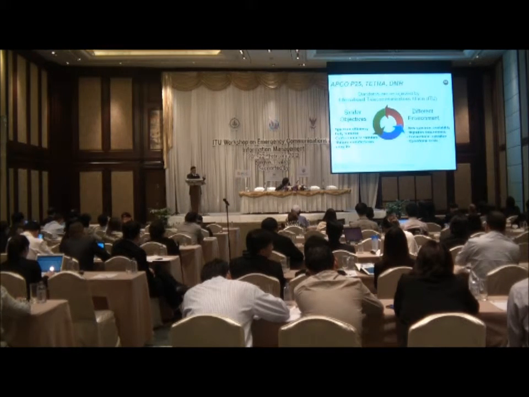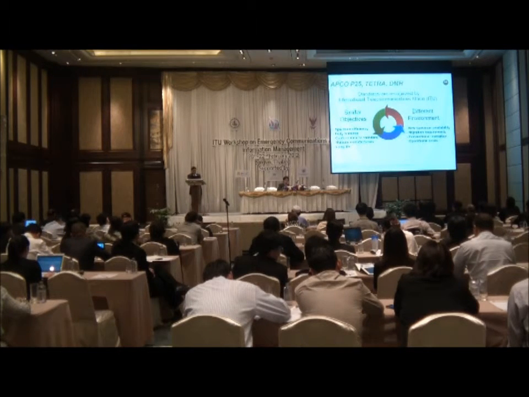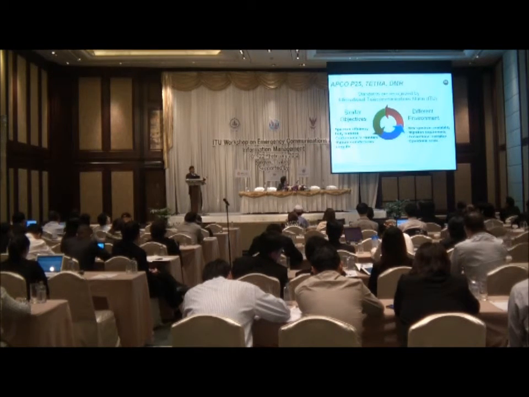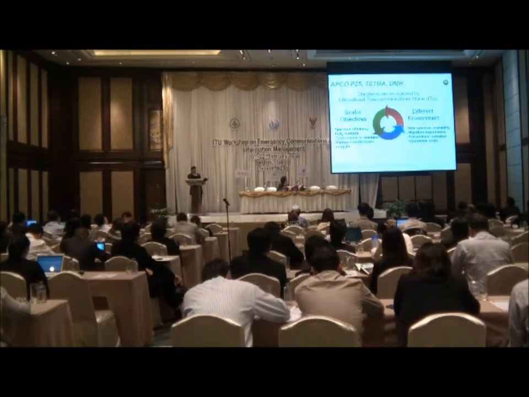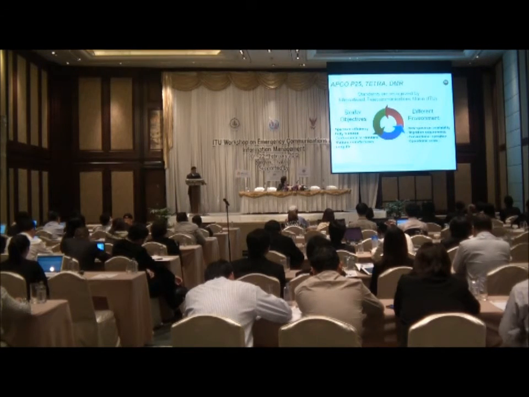TETRA can work in UHF as well as in 800, and 350 now also. Another requirement that many of these standards have is direct mode. Many times the infrastructure is not available, and the officers need to talk to each other. If the tower is not available or the backup is not available, direct mode allows the radios to talk to each other and provide basic connectivity even when the infrastructure is not there.